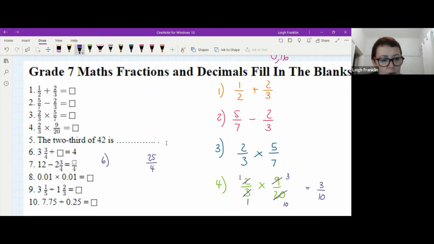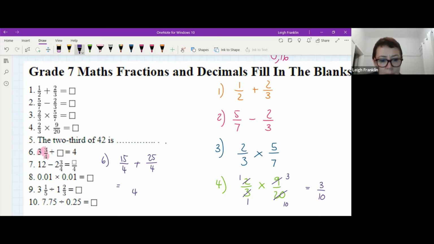So if we have a look at this, what you would have had to do is make this fraction over here, 3 3/4, improper as well. So when we make that improper, we're going to say 4 times 3 plus 3. That gives us 15 over 4. And we have to add that together, and we're going to see if that gives us 4.